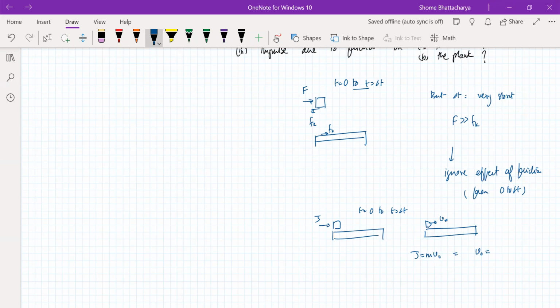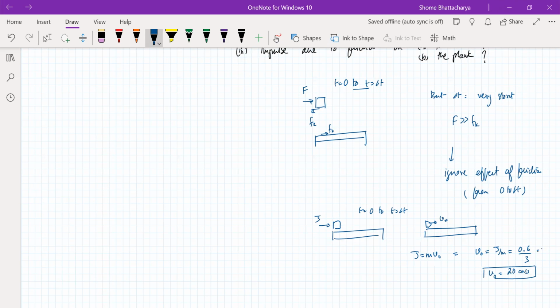So this one's initial velocity is J by m. How much was J? 0.6, no? Yes, sir. Divided by the mass, which was 3 kgs. So this v0 is 20 centimeters per second or 0.2 meters per second.